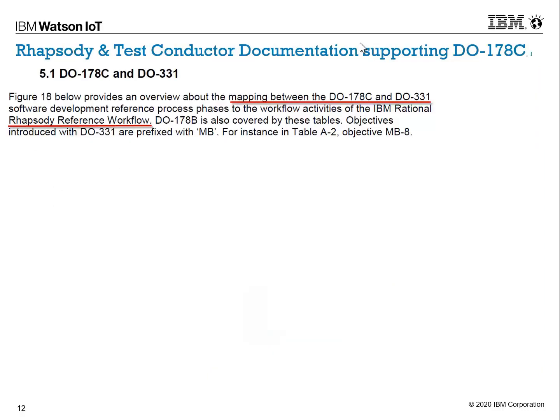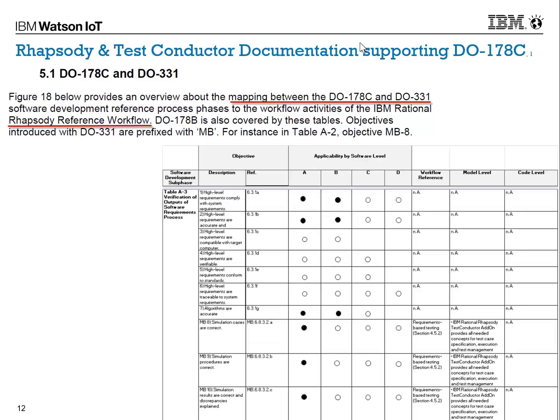I mentioned the documentation that comes with it. What I want to show is that the supporting documentation describes, in this case for aerospace, the DO-178 levels A, B, C, and D versus how Rhapsody and Rhapsody Test Conductor satisfy those subsections.